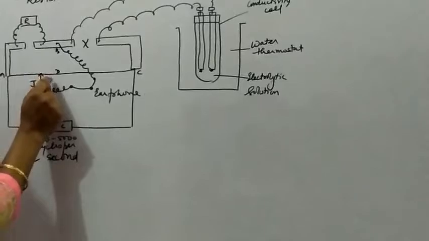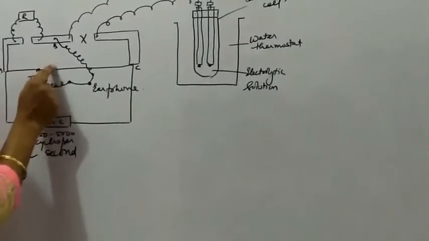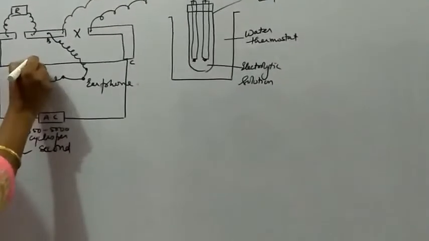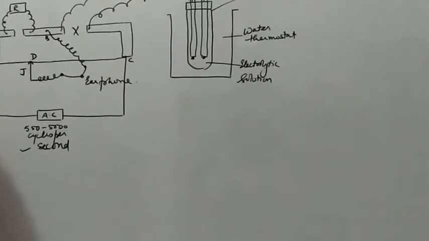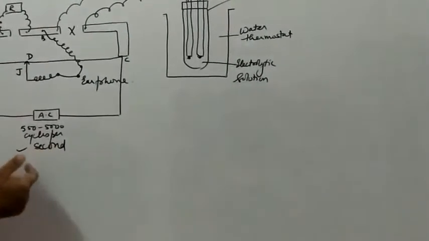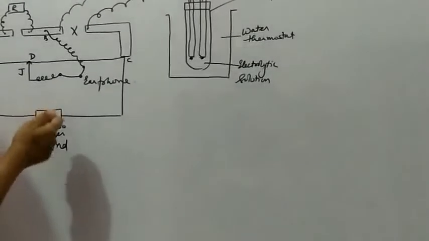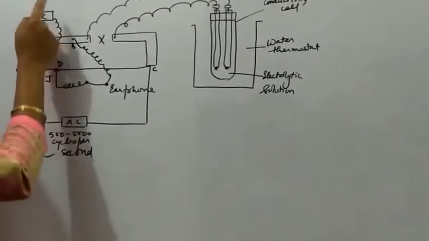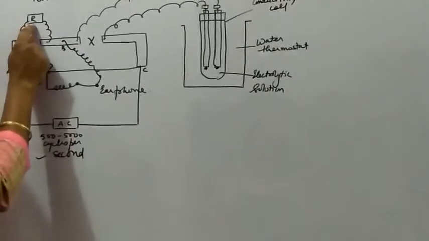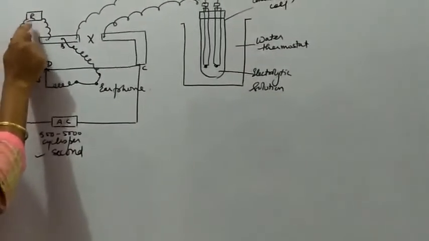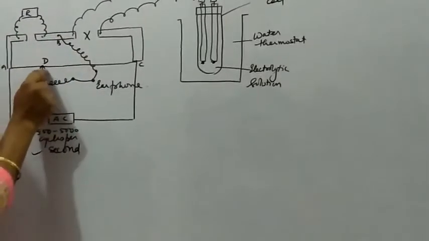So we have to select a point where there will be minimum sound of ping. It will not be that we get it the first time. We have to take the resistor out from the standard resistance box a number of times. Now let us say for our resistor that we get the null point at point D.